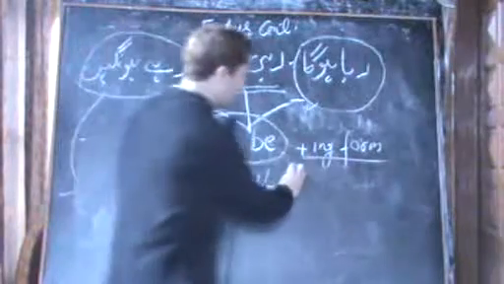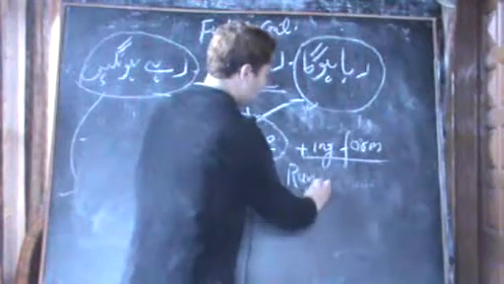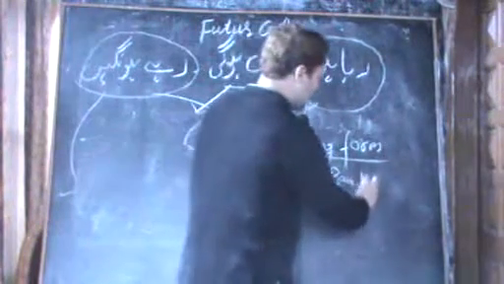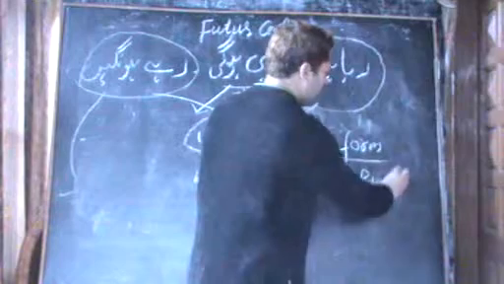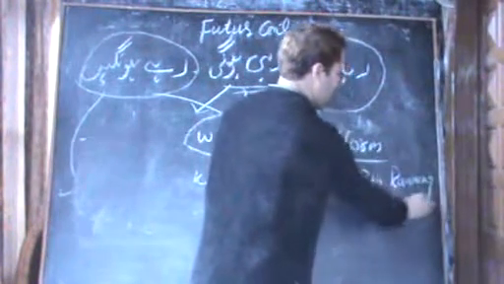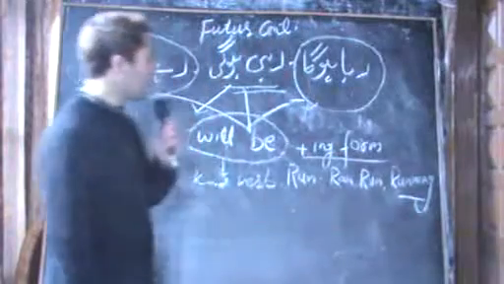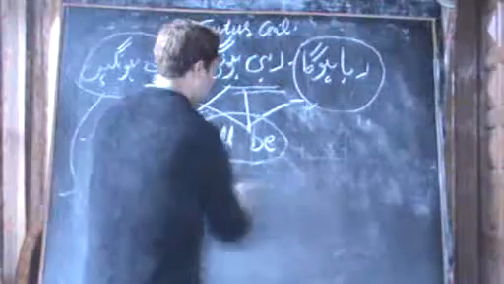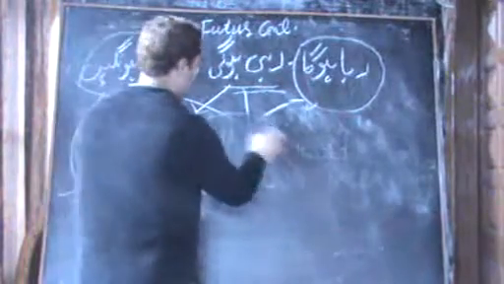I will give an example. If it's run, the second one is ran, the third one is run, and the fourth one is running. So running will be used for this sign. Now let's see the formula for the translation of sentences which have raha hoga, rahi hogi.